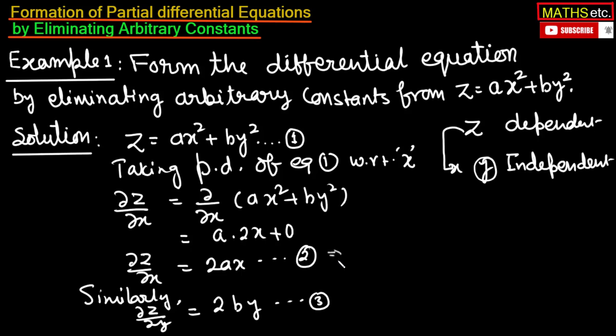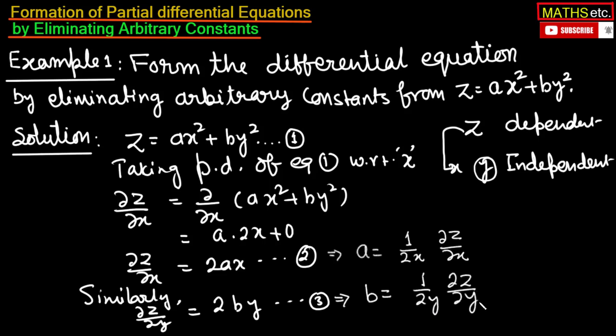From equation number 2, we have a equals 1 over 2x del z by del x. From equation number 3, we will get b equals 1 over 2y del z over del y. So we'll put the values of a and b into equation number 1, and we will get the desired partial differential equation.